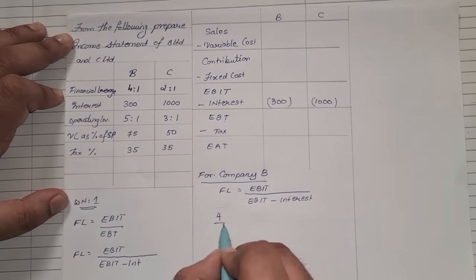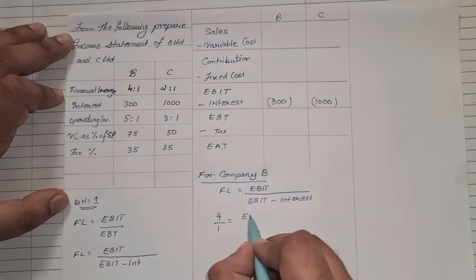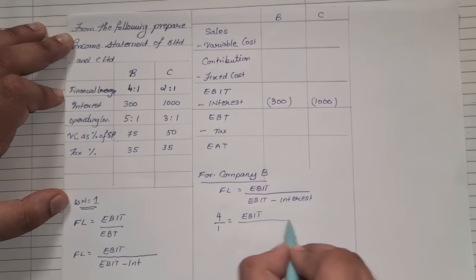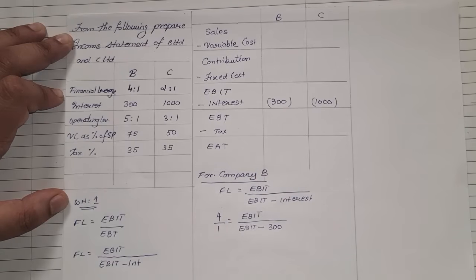So 4/1 is equal to EBIT upon EBIT minus interest, and interest for company B is 300. I will cross multiply, so it becomes 4 multiplied by EBIT minus 300 is equal to 1 into EBIT, which is just EBIT. Now 4 into EBIT is 4 EBIT, minus 4 times 3 is 12, so minus 1200, is equal to EBIT.